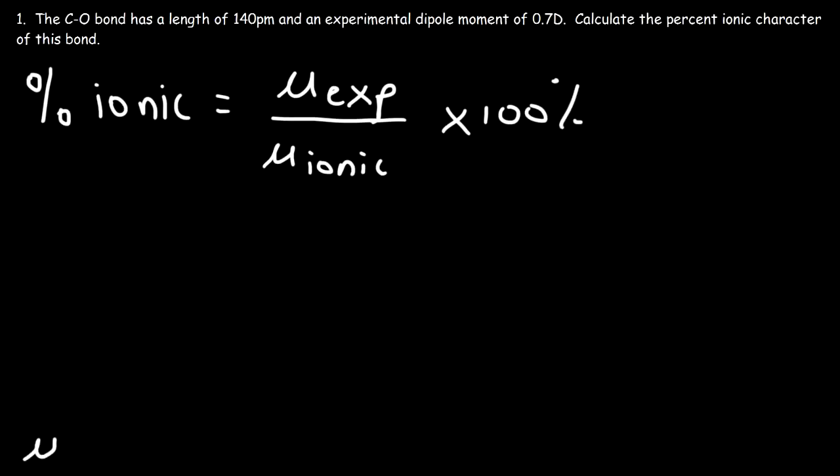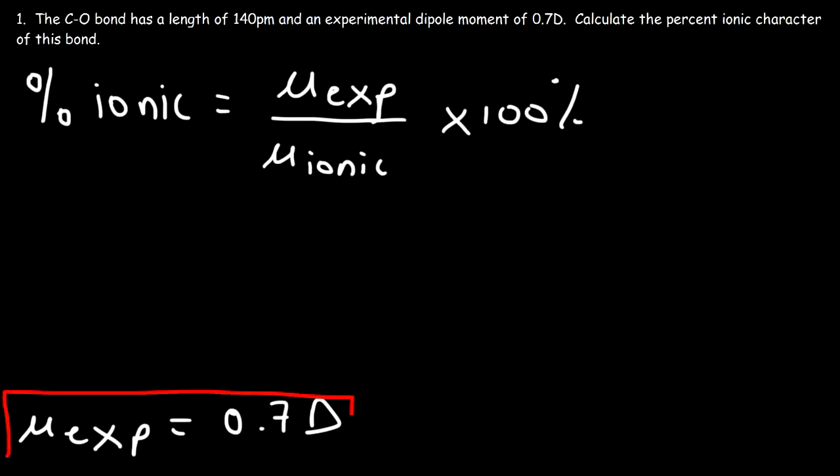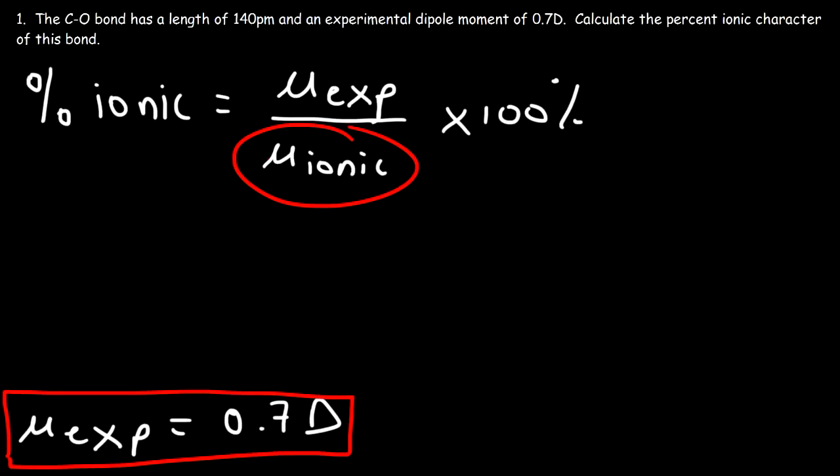So we already have the experimental dipole moment. That's given to us as 0.7 debye. What we need to do in this problem is calculate the ionic dipole moment. And how can we do that?